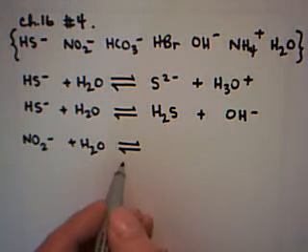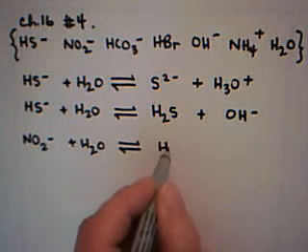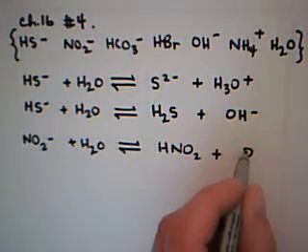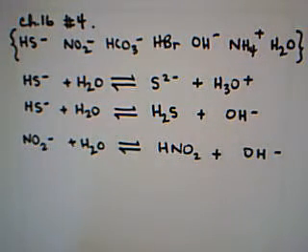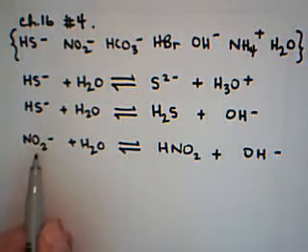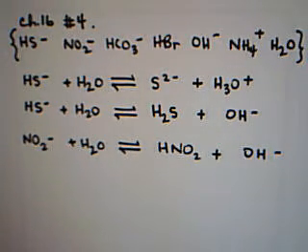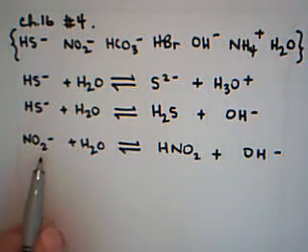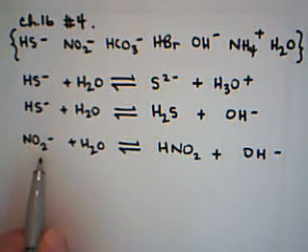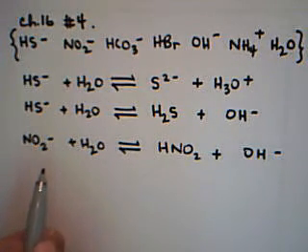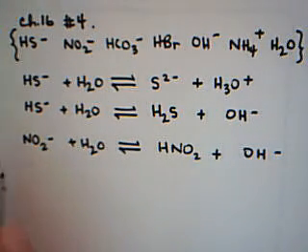And it would take that proton from the water, in which case it would become HNO2 and OH minus. Now, since there's no complementary reaction in which this could behave as an acid, then NO2 minus is only behaving as a base in water, and so it cannot be amphiprotic. So we'll go to the next one.